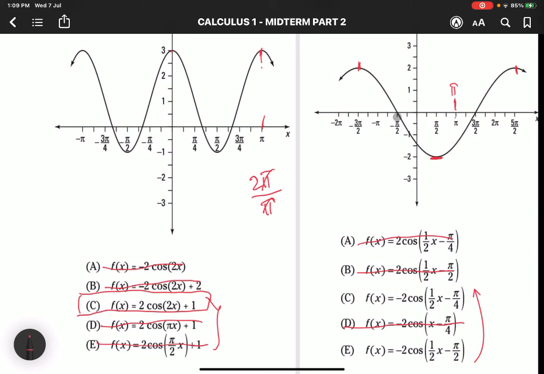Okay, so from this position, nag-move siya forward to the right side, no? Okay? So, that is the pi over 2. Ito yun. Okay? So, hindi ito. And obviously, makita nyo dito, 3/2, okay? Pi over 2, 3/2. So, sabihin, ang kanyang movement, yung phase shift value niya ay pi over 2. So, ang sagot natin ay letter E.